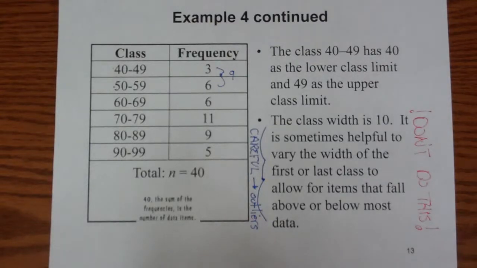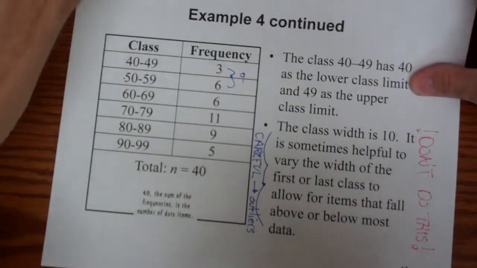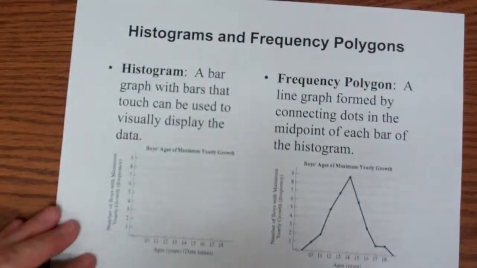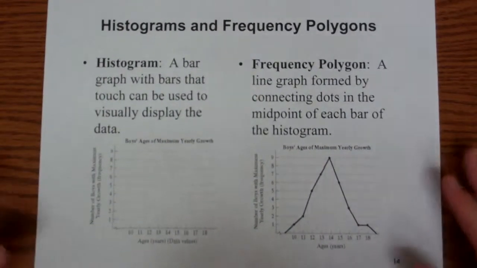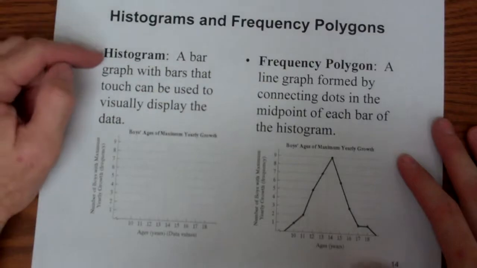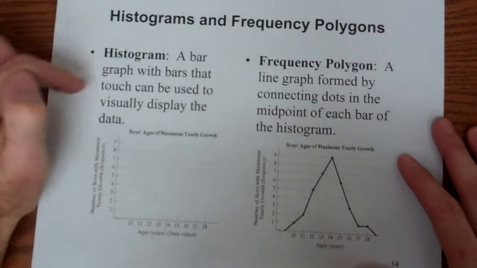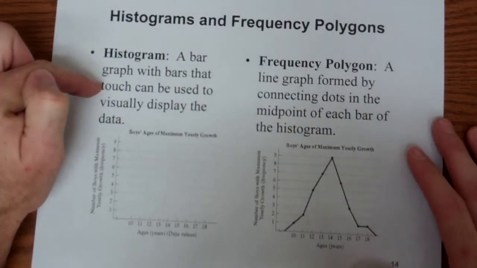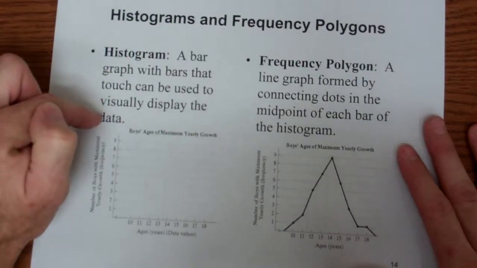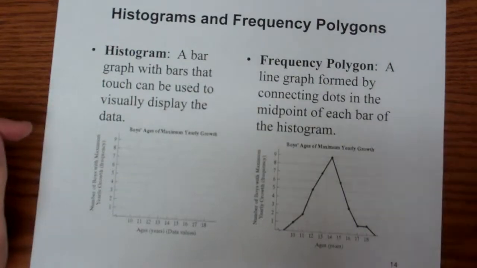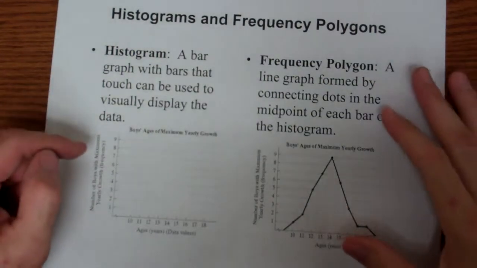And now what we want to talk about is a histogram or a frequency polygon, right? These are two different ways that we can display data. A histogram is a bar graph with the bars that touch because the data is continuous. It can be used to visually display the data.